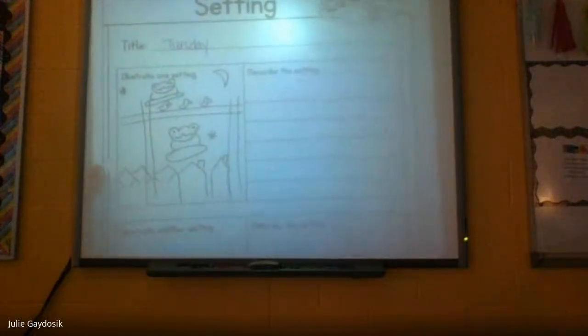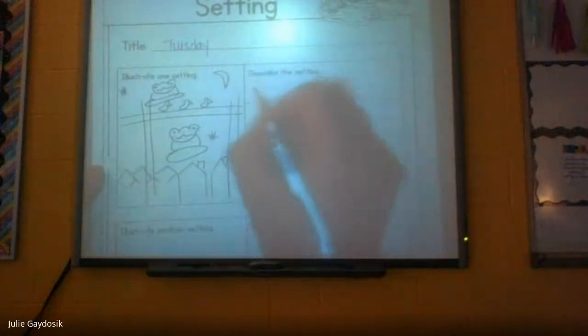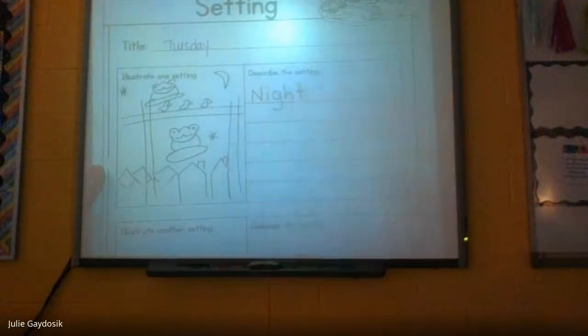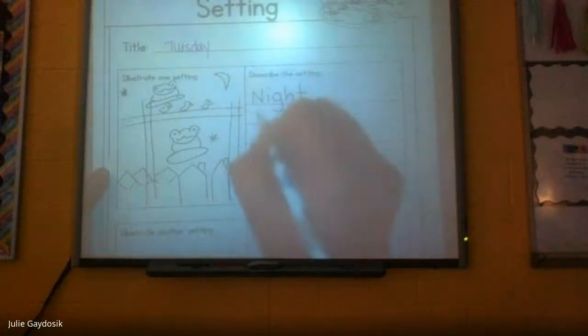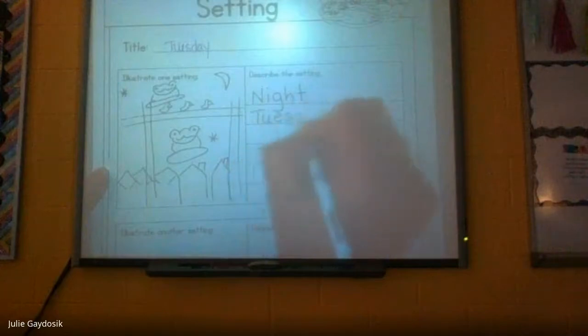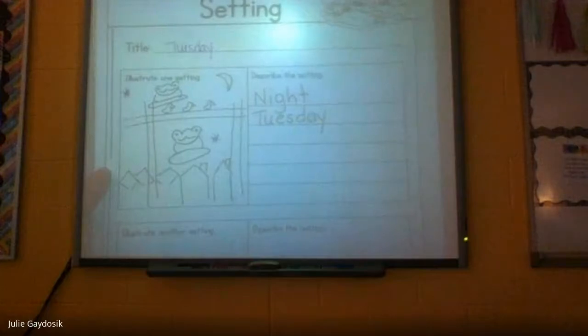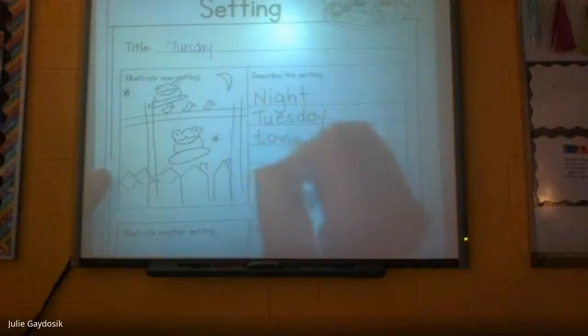Then what would be some words to describe the setting? So you could say, when is the story taking place? It is taking place at night, right? What time of the week? What day was it when this was taking place? That's right, it was taking place on Tuesday. And then where is it taking place? It's taking place over top of a neighborhood, or we could say a town. I'm going to say a town.